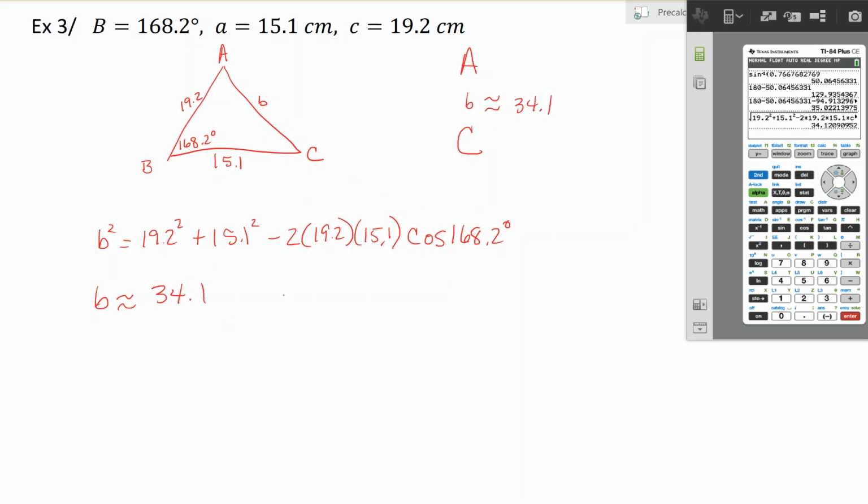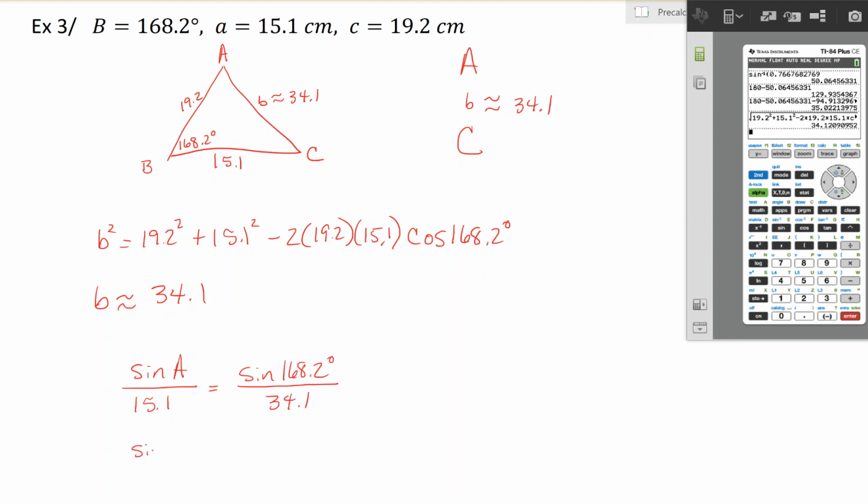All right, now you can go ahead and use the law of sines if you want on the rest of that. Let's say we want to find big A. We're going to say sine of big A over 15.1 is equal to the sine of 168.2 degrees divided by 34.1.